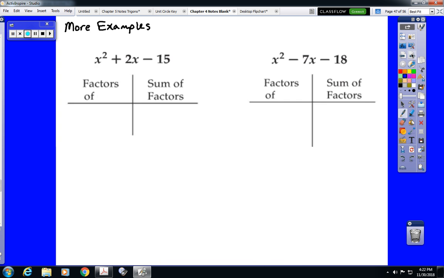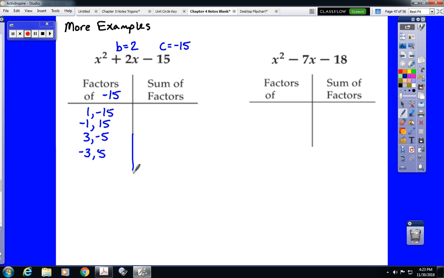Okay, time for more practice here. Again, we're looking for numbers that multiply this time to negative 15 and add to positive 2. So we need numbers that multiply to negative 15. That would be 1 and negative 15, or negative 1 and positive 15. Notice the signs are different because we need to multiply to a negative number. 3 and negative 5, or negative 3 and positive 5.